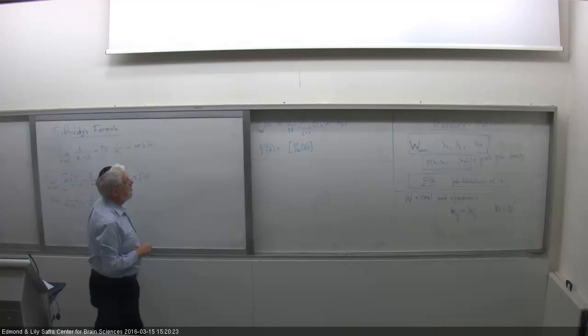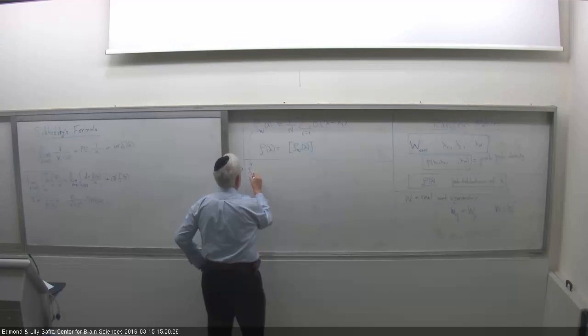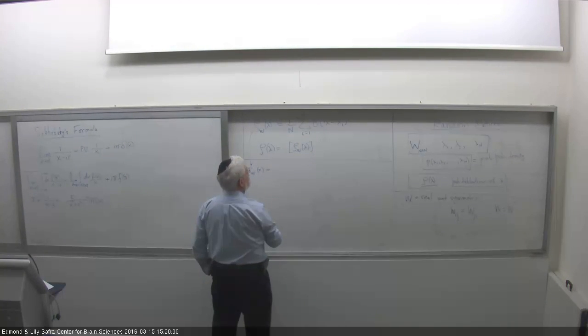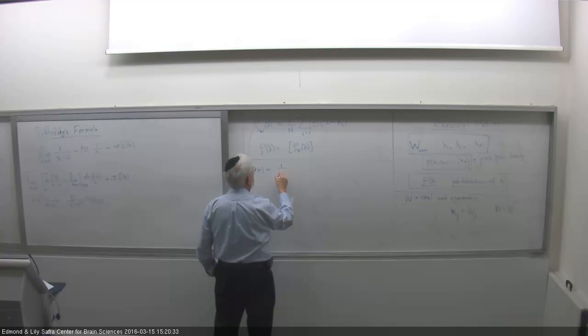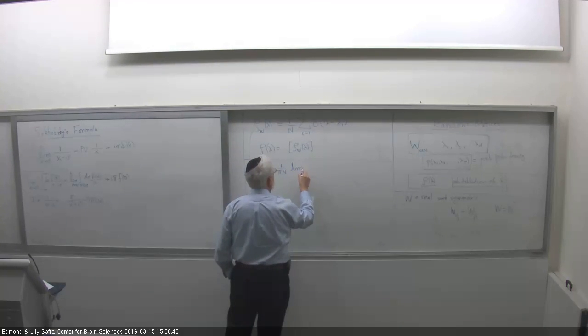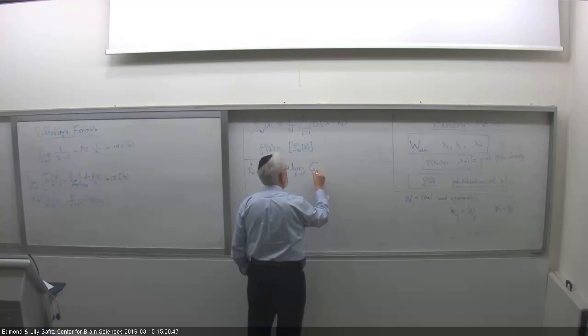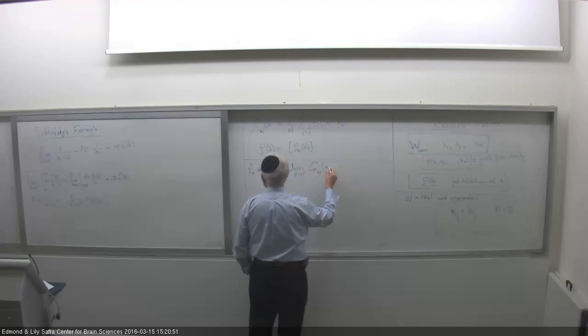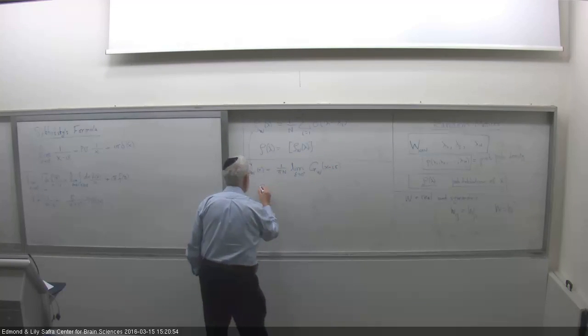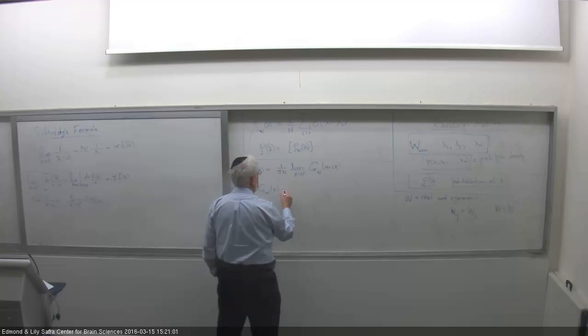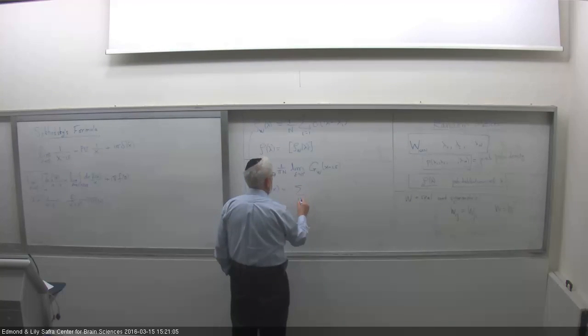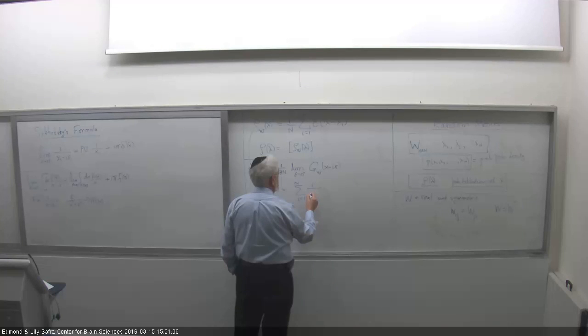So I can write down that rho w of x equals 1 over pi n times the limit of epsilon going to 0 of a function which I call g w of x minus i epsilon, where g w of x is the sum over i from 1 to n of 1 over x minus lambda i.